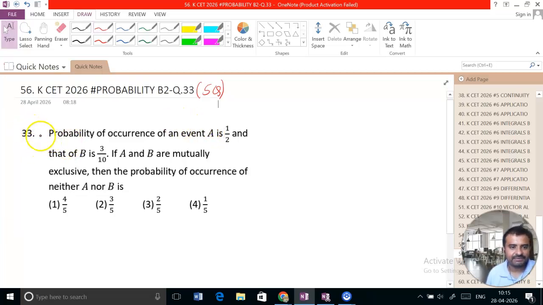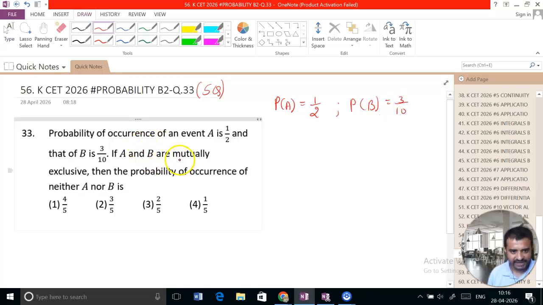Question number 33, version code B2. The probability of occurrence of event A is 1 by 2, so P of A is equal to 1 by 2. And the probability of B occurrence is 3 by 10, that is probability of B is equal to 3 by 10. If A and B are mutually exclusive, see what is the time saving result for mutually exclusive?